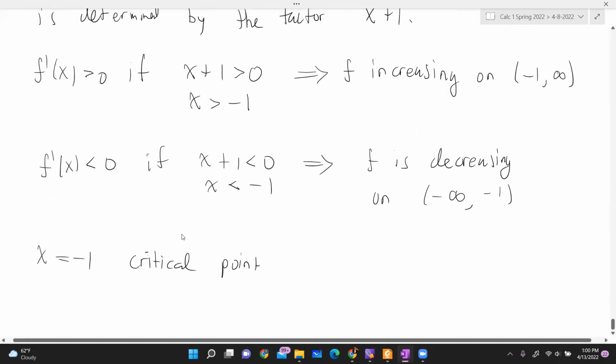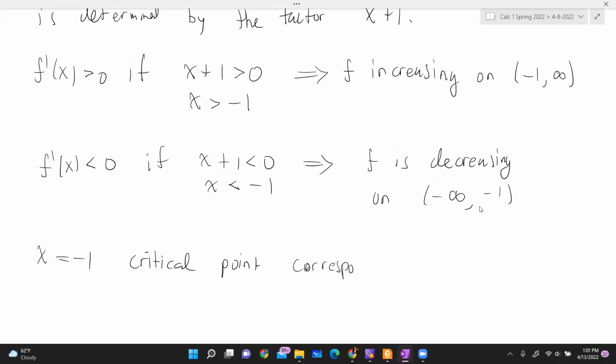And because the function is increasing on this interval and decreasing on this interval right here, this critical point not only is a critical point, but it corresponds to a local minimum.